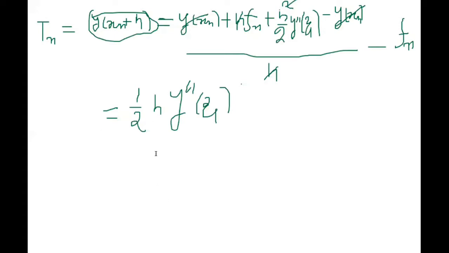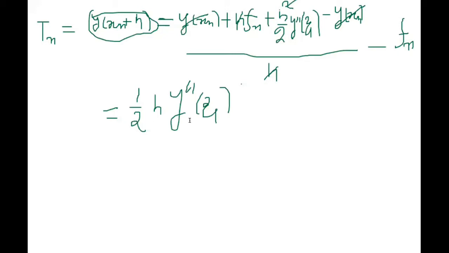And the order of a method is specified by the order of the truncation error. As I told you in yesterday's lecture, convergence includes truncation error plus round off error.